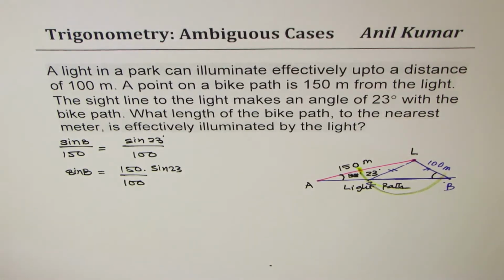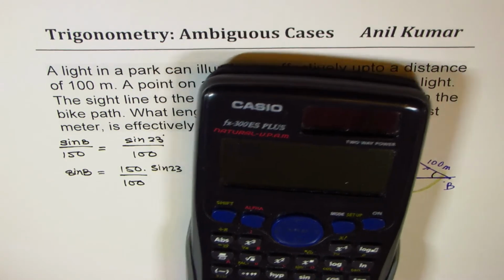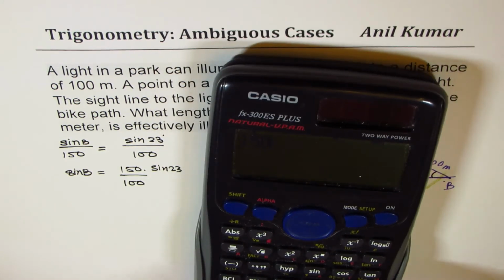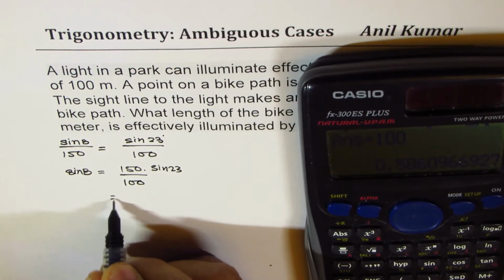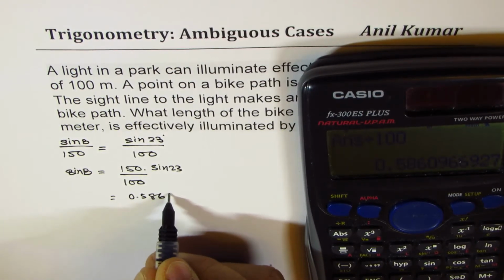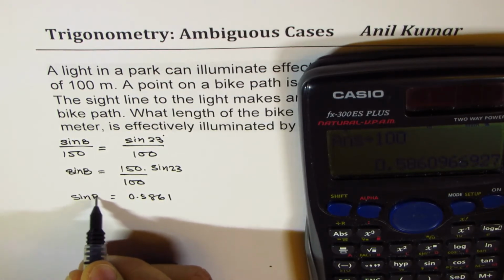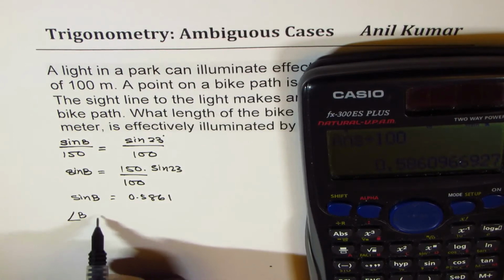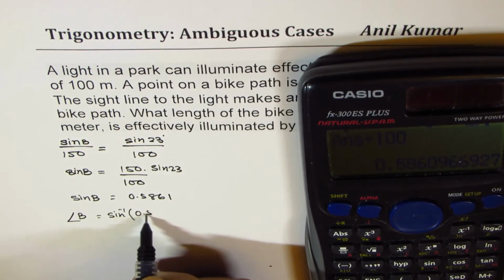Now let's figure out how much it is. So we have 150 sine 23, and we'll divide this by 100. That gives us 0.586, less than 1, right? That is sine B. So angle B will be sine inverse of all this.